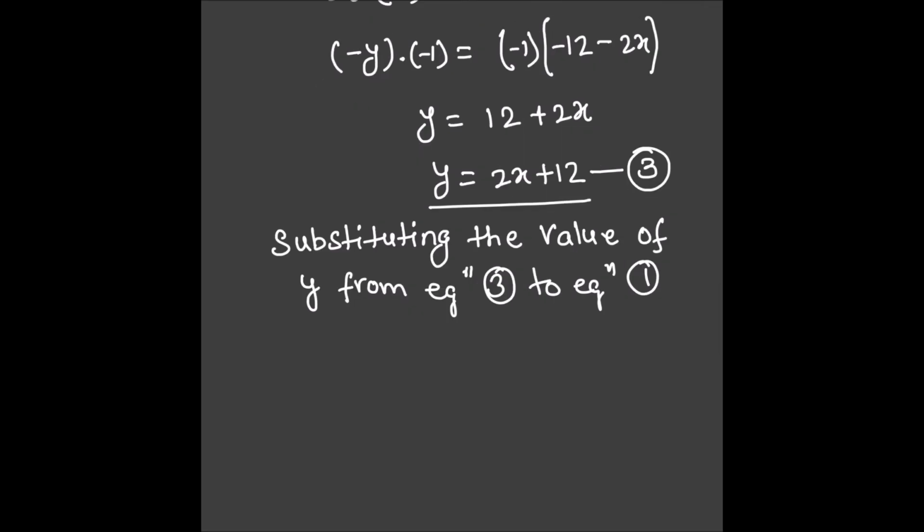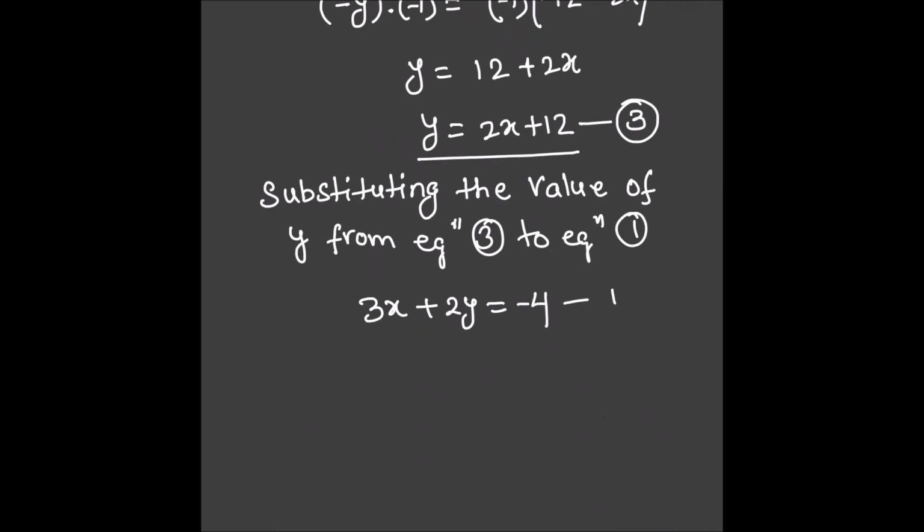So our equation 1 is 3x plus 2y equals negative 4. We can write it as 3x plus 2 times, instead of y, we put this value, 2x plus 12, equals negative 4.